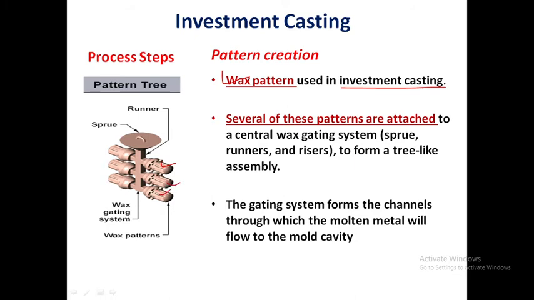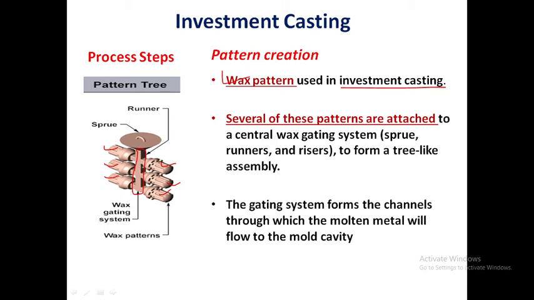Many different patterns are attached to a central wax gating system via sprue, runner, and riser in such a way. It forms a tree-like assembly.